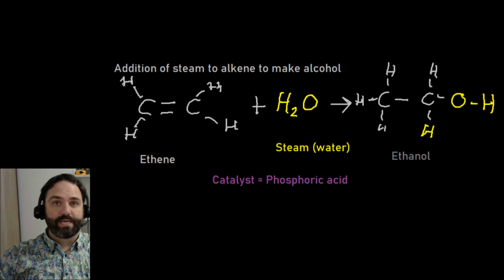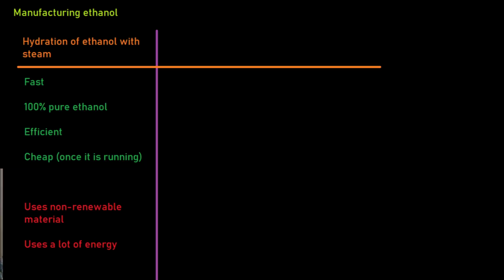The first way is, as we just saw, hydration of ethene with steam. Now, the benefits of this method are it is a very fast process. There's no waste products. 100% of the raw materials are converted into ethanol. It is efficient.